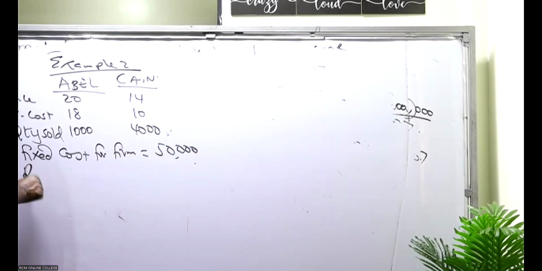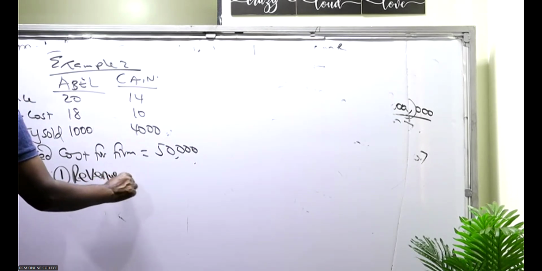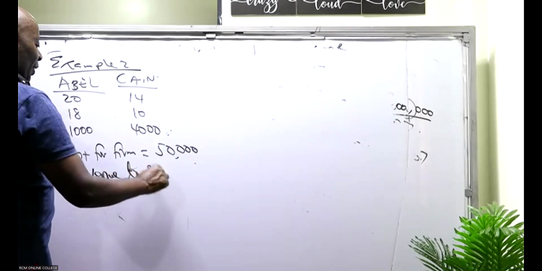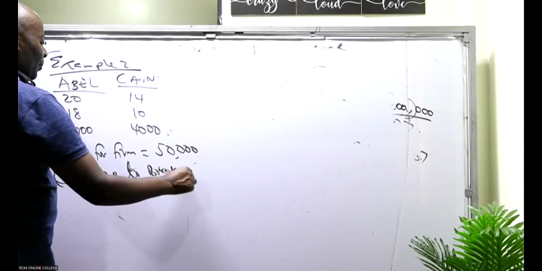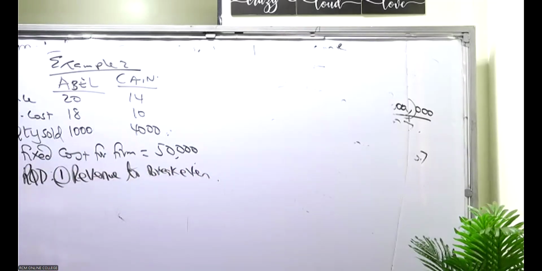Number 1, revenue to break even. Actually, just that alone. Let's get that first: revenue to break even.